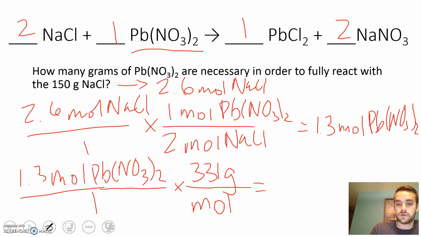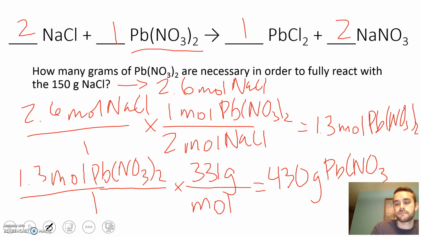And that's going to equal 430 grams of lead nitrate. Okay? And that is your final answer. So in order to fully react to that NaCl, you actually need a lot of lead nitrate.